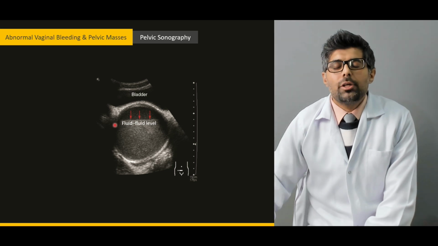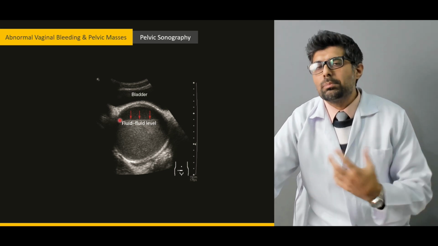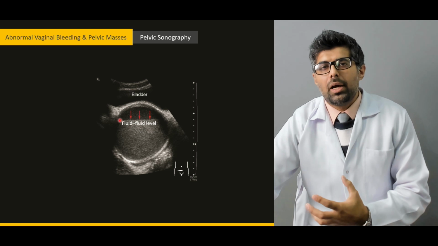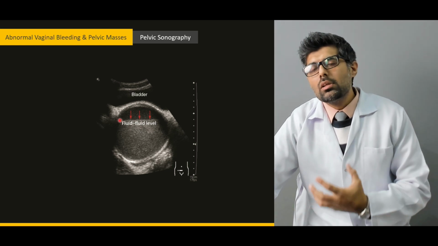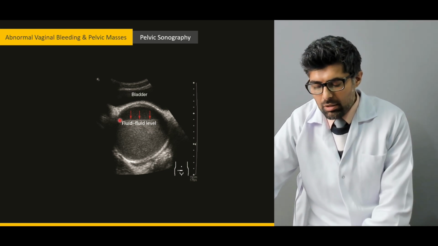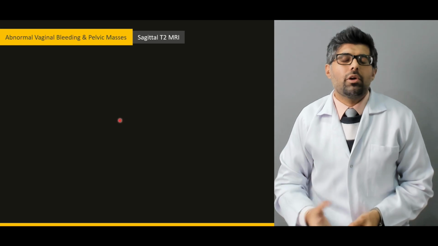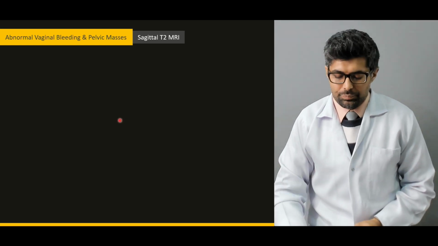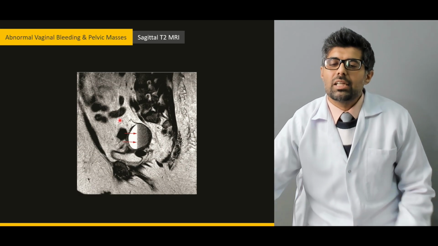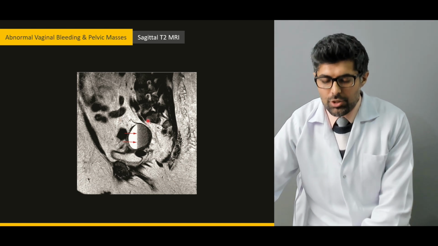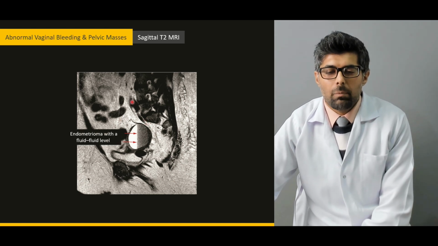Now, endometriosis sometimes presents in a focal manner. Whenever it presents in a focal manner, it develops into a very particular condition which is called an endometrioma. Now, this is an MRI of a patient with an endometrioma.